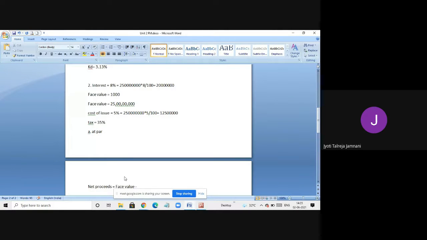Now it is at par, which means you're going to issue it at face value only, no premium, no discount. So I'm not adding premium nor minusing discount. Directly from face value I'm minusing the cost of issue because it is at par. Par means 25 crores debentures will be issued for 25 crores. There is no premium or anything that is going to get added or deducted. Did you understand this part?